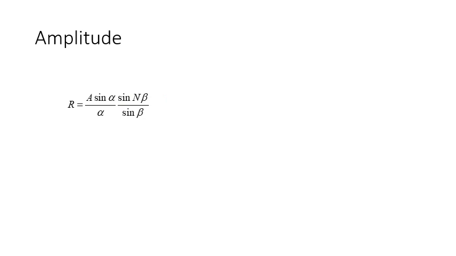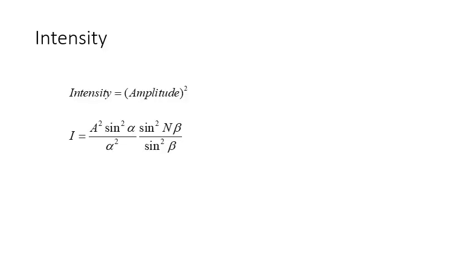So the amplitude can be written as r equal to a sine alpha divided by alpha into sine n beta divided by sine beta. If you know the amplitude, by squaring it you can calculate the intensity.